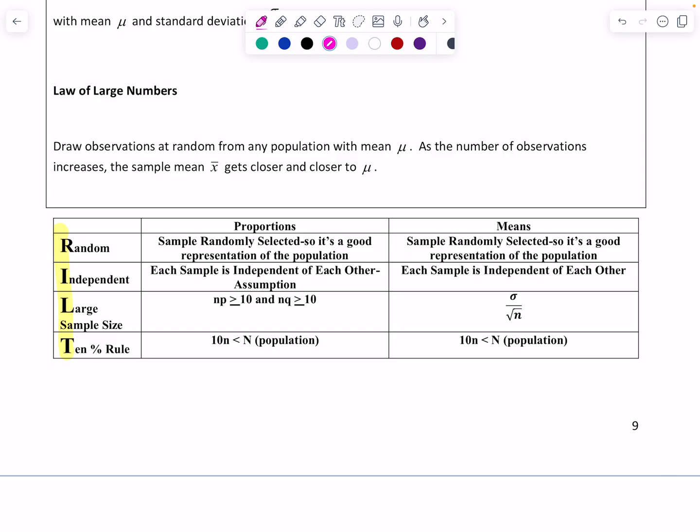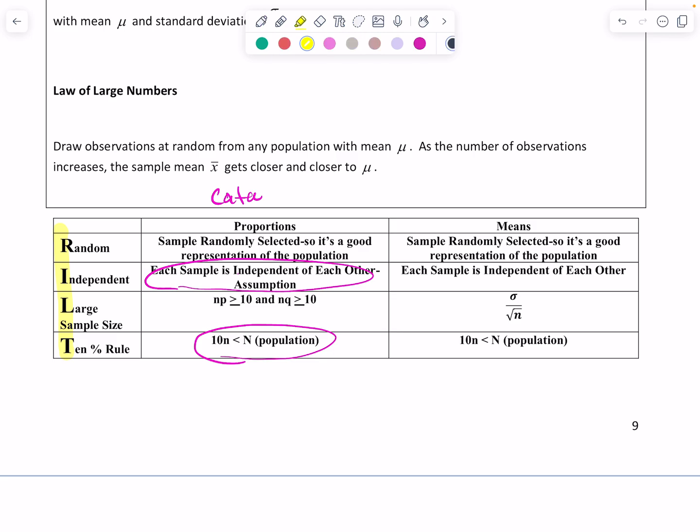When I have proportions, when the sample is categorical and it's like a yes or no, what's the average proportion, it has to have a random sample, independent, and the independence assumption is hooked into the 10% rule. These actually go hand in hand with each other, and you can talk about them together. For the large sample size, NP and NQ both have to be greater than 10.